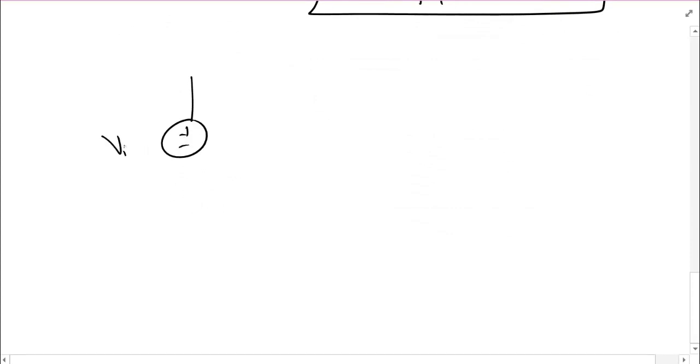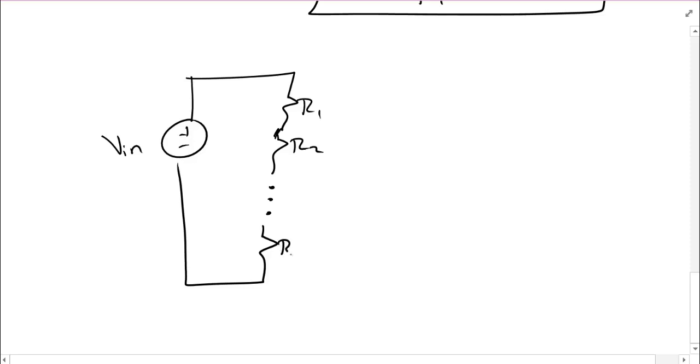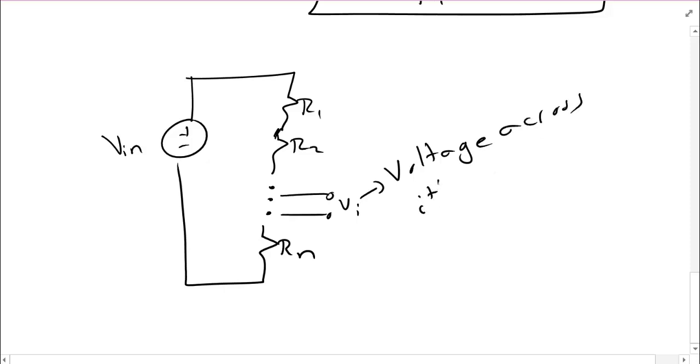At this point, the diagram is going to get a bit messy. This is R1. Then there's an R2 that should be connected. And then these 3 dots means a bunch more resistors connected. I don't actually know how many. And then Rn. And in here, I'm curious about Vi, which is the voltage across the ith resistor. Well, my analysis will be the same, won't it?